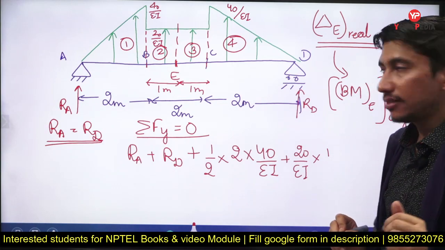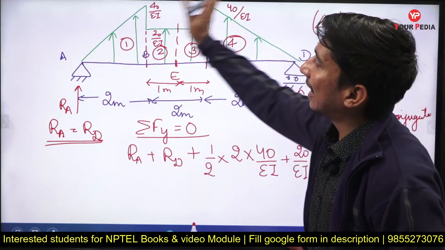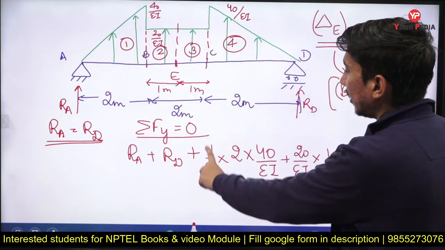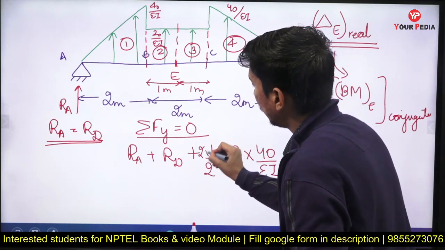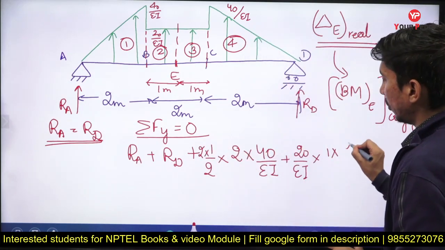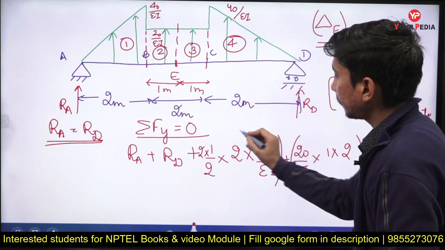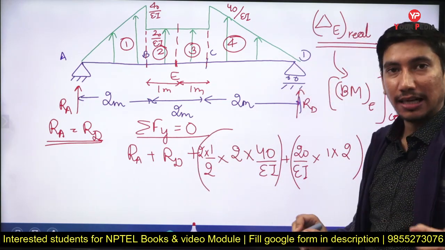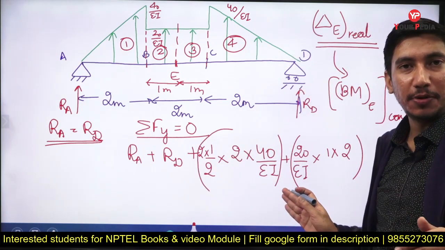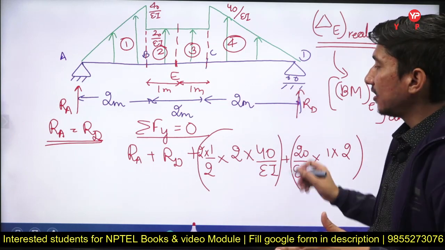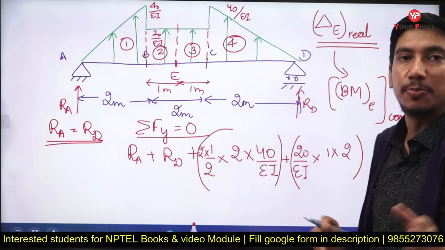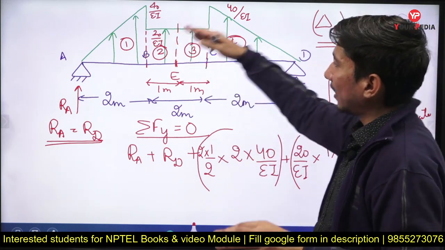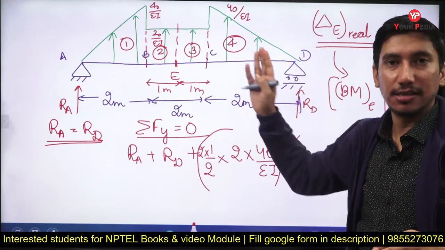Since this portion is exactly similar to this other portion, rather than writing the whole expression over again, I can just multiply these both loads by 2.